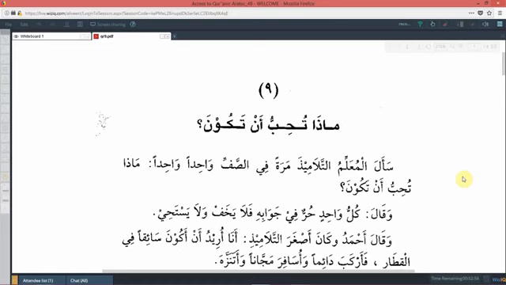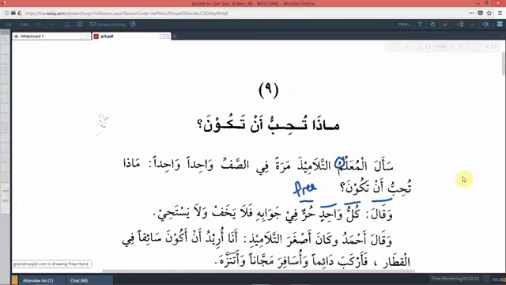وقال كل واحد حر في جوابه فلا يخف ولا يستحي. وقال, and he said, referring to the muallim, and he said, كل واحد, each one, واحد is one, each one, حر, حر means free.